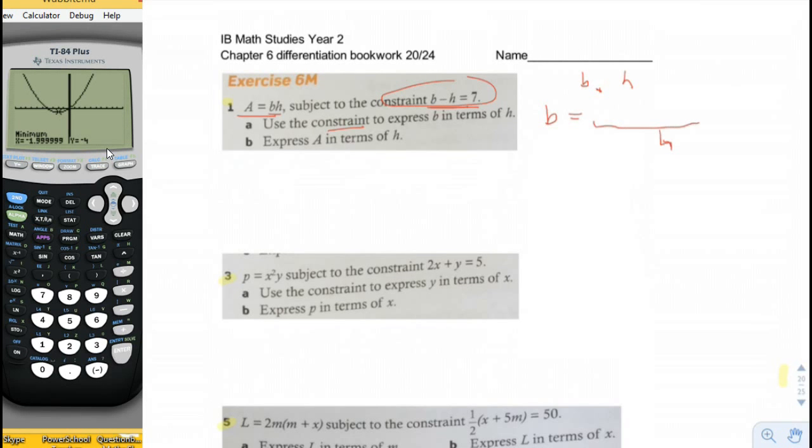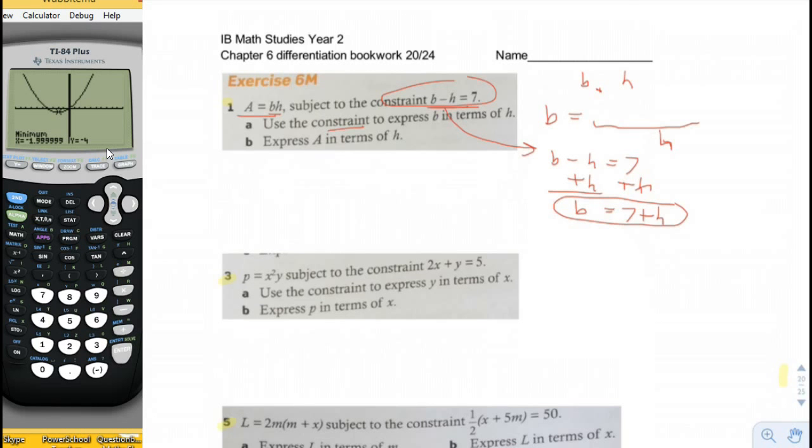Doesn't matter how it looks as long as there's only h in terms of variables there. So we're going to take the constraint equation. How do we make it so that b is on the left by itself? We're going to add h to both sides. That will get b by itself. So this would be b, and the right side is going to be 7 plus h. So that's the answer for part A.